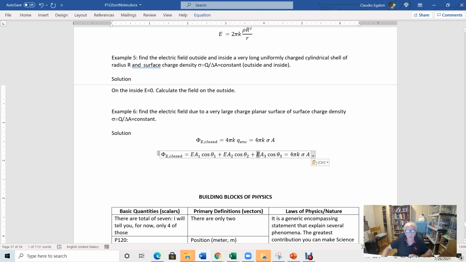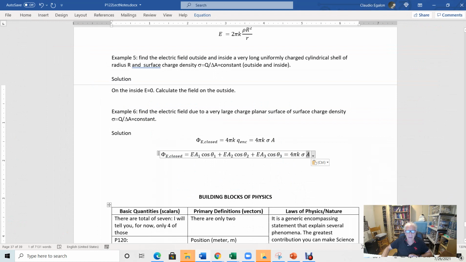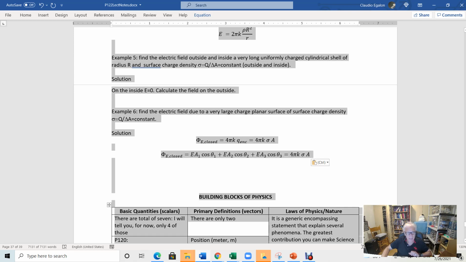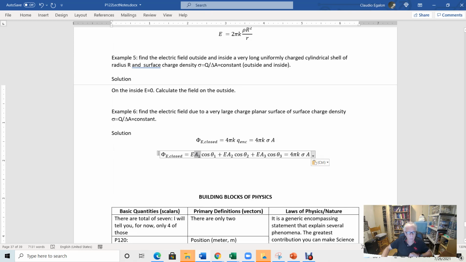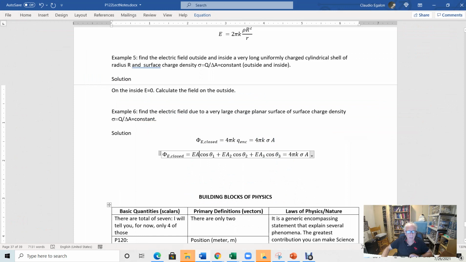The area we know. This area that you see here, let's see what's A1, A2, and A3. What I label, okay, that's A1. A1 is going to be A, the same as A. A2, no, A3 is the other one. A2 is going to be A as well.